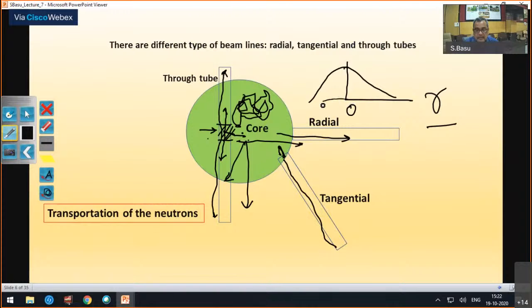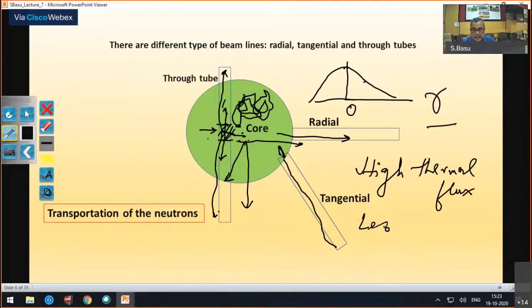Actually, it's a Bessel function, typically of zeroth order for a cylinder. So this through tube is at a region of the core where the flux is high, but by not looking at the core and only allowing neutrons which undergo a large angle collision to come out, they see a high thermal flux and fewer gamma rays. So these are the typical designs for the beam lines.